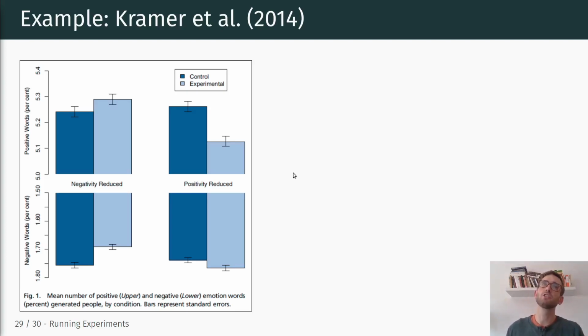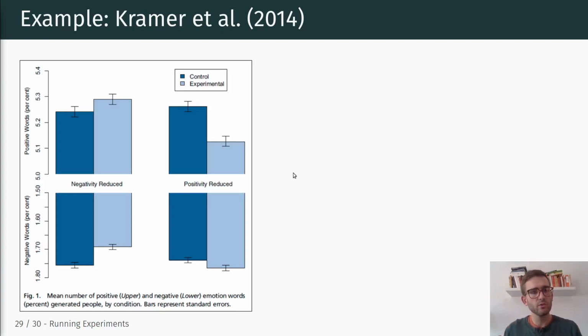And in the control condition, they also eliminated posts, but they eliminated random posts without regard for their sentiment, whether they were positive or negative, right?